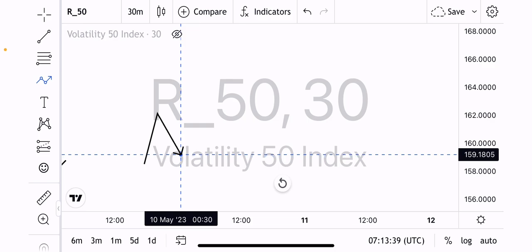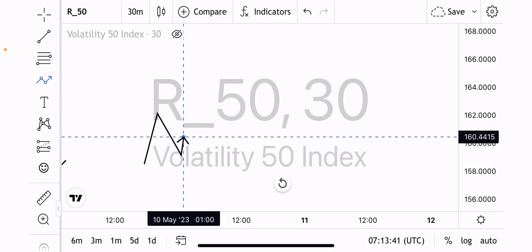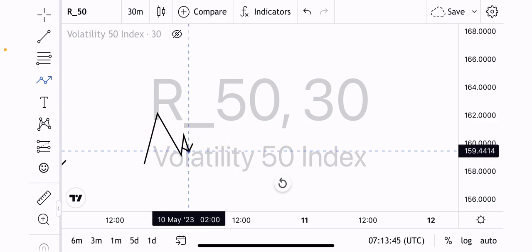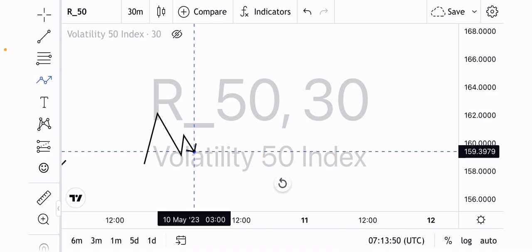So we can have this, then now if we have a break of minor structure, remember our minor structures are the structures that are created in a retracement.